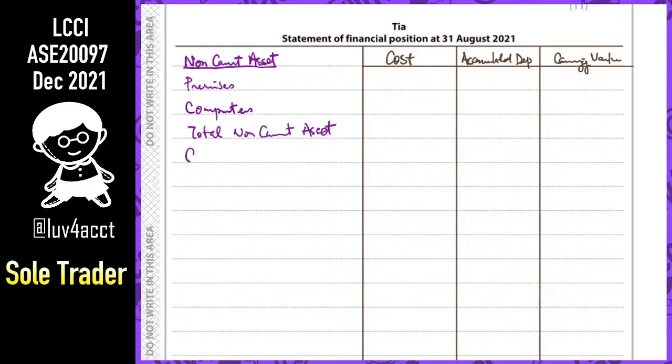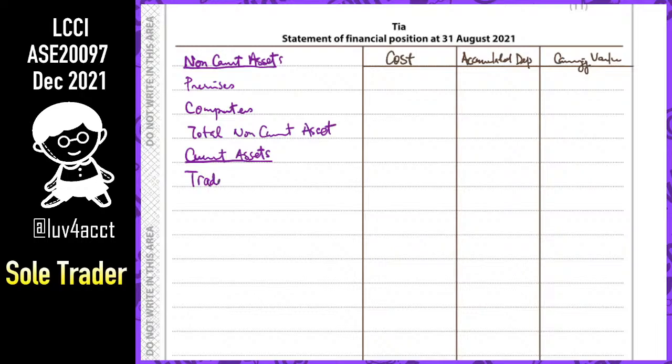After this, you have current asset. You don't have any inventory, you are a service business. Next one, trade receivables. Anything? Trade receivables. Yes.